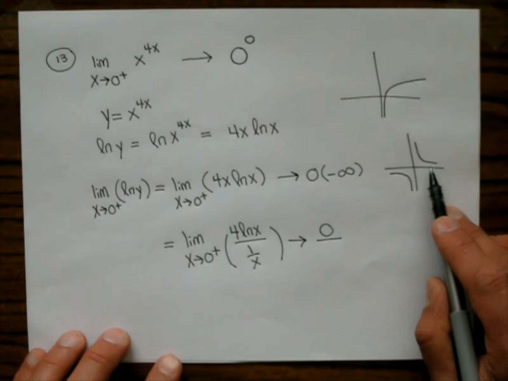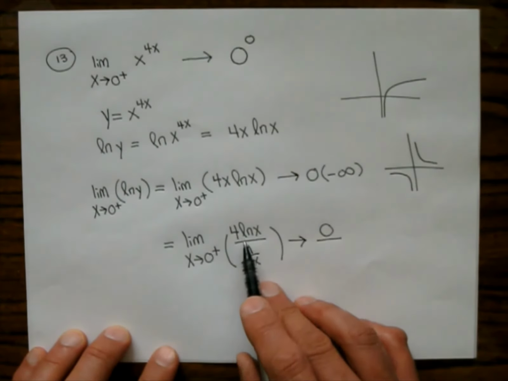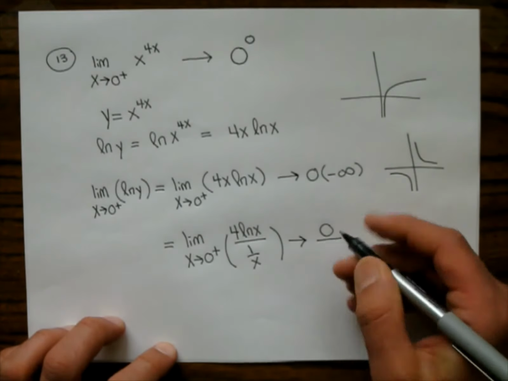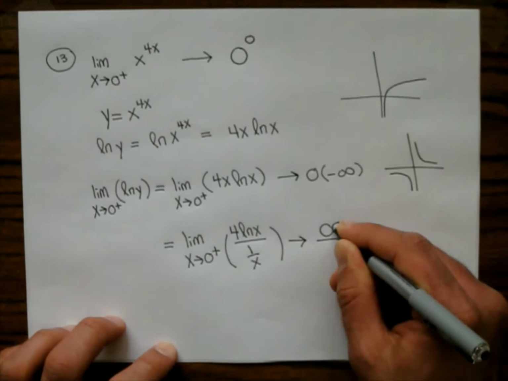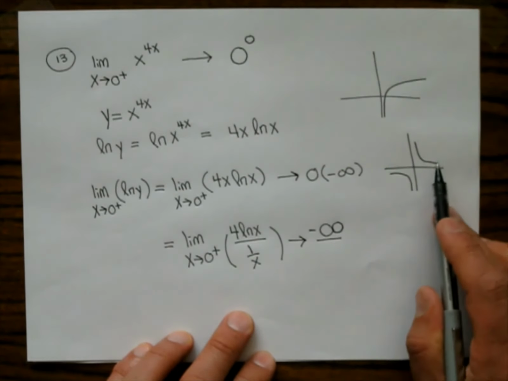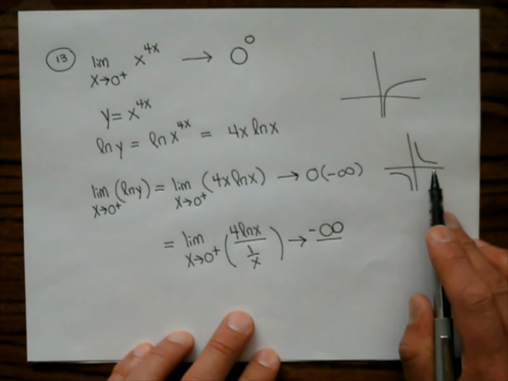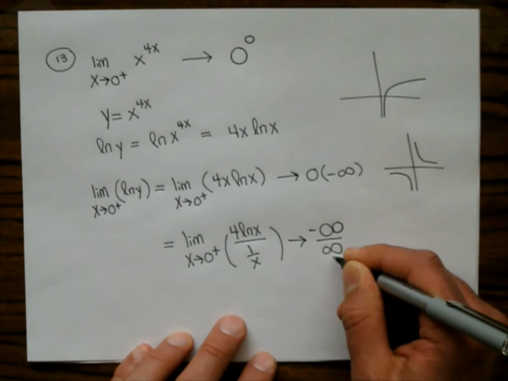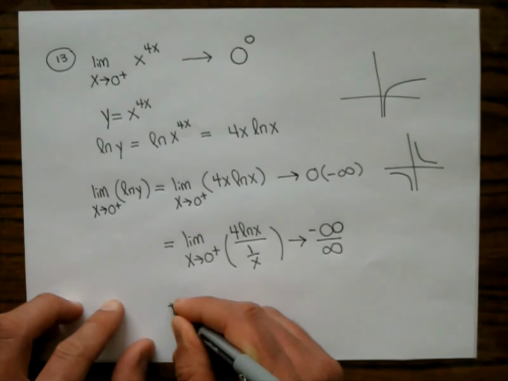Oh wait, the top, sorry, I'm getting ln, okay, so I messed that up. ln of 0, I'm still getting negative infinity. No one will even know that I made that mistake. And on the bottom, I'm getting 1 over 0 that's really positive, so this is infinity. So I have a negative infinity over infinity, so I'm going to go ahead and apply L'Hopital's rule.